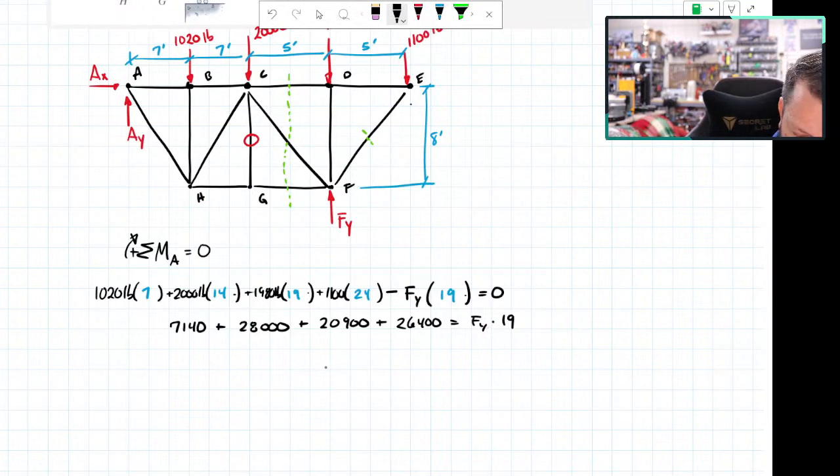Therefore, let's add all these. 7140 plus 28,000 plus 20,900 plus 26,400. 82,440 foot-pounds divided by 19 feet. Well, did I still type in one wrong?